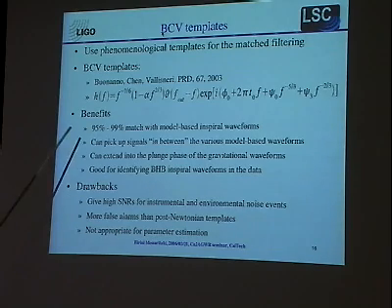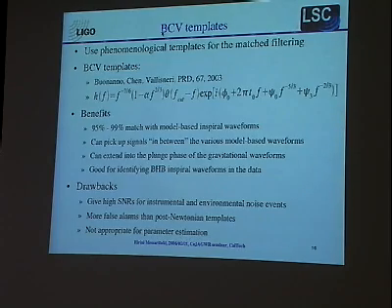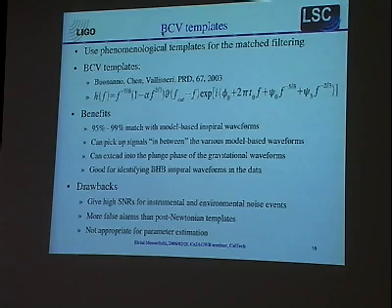So the benefit of using those waveforms is that they've been proven to have very high match, 95 to 99%, with all model-based waveforms that have been proposed in the literature. Additionally, they can pick up signals that don't match one of those waveforms, but are actually in between those waveforms, which is good because if the actual signal is none of those that we think, but in between those, we can still pick it up with those templates.